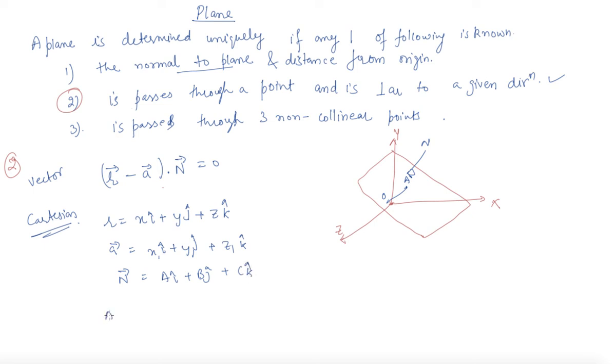So I can write this as a times x minus x1 plus b times y minus y1, sorry, plus c times z minus z1 is equals to 0. So this is the equation of the plane when it is passing through a point and is perpendicular to a given direction. And in the last, we'll discuss about equation of the plane passing through three non-collinear points.